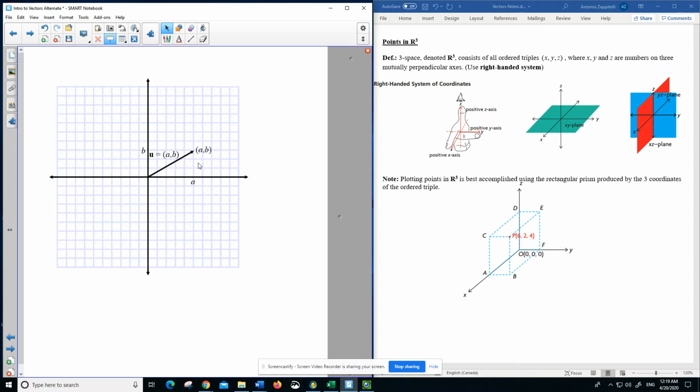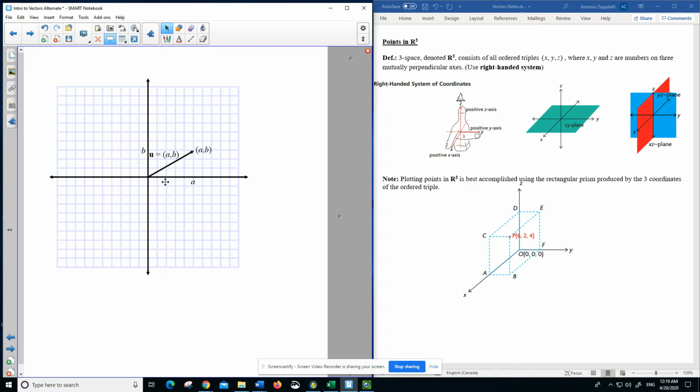Now, if you remember a long time ago, I told you that this symbol was going to mean something else, because originally this meant the point (a, b). Then we used this notation to represent the interval from number a to number b, not including a and b. Well, this is going to be our third meaning for this symbol. This represents the vector that starts at 0, 0 and ends at the point (a, b).